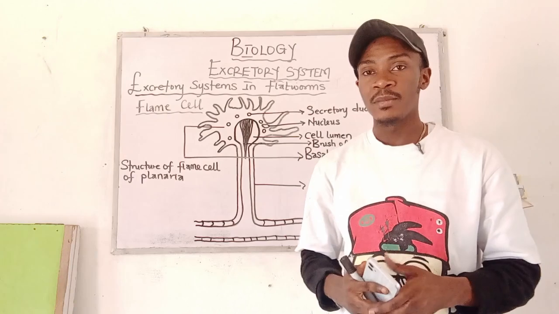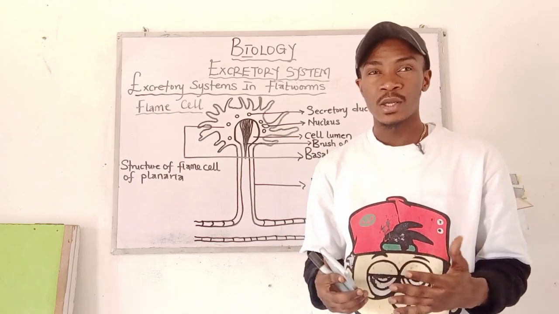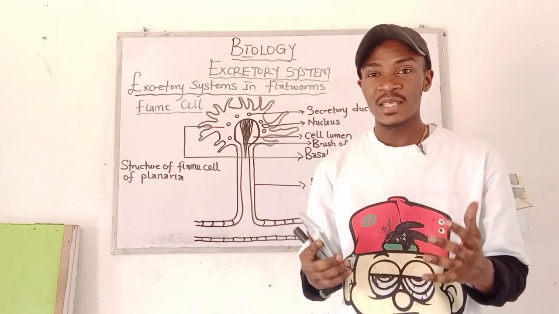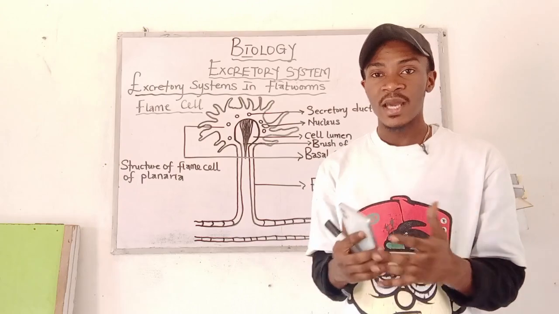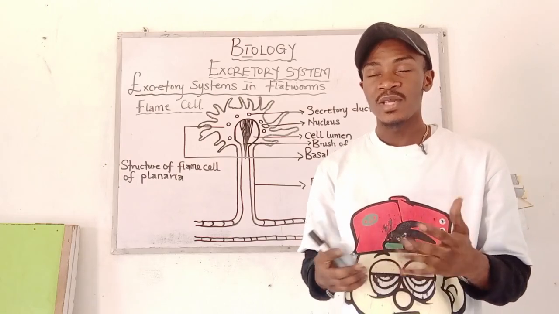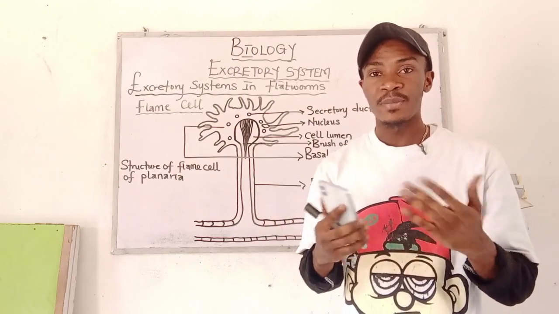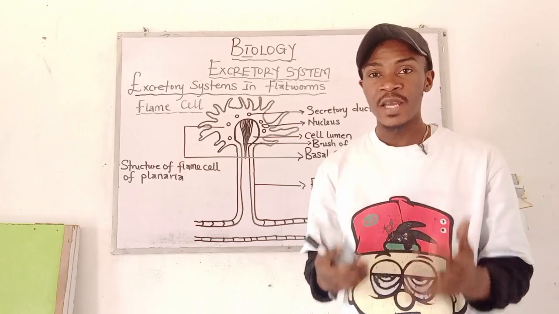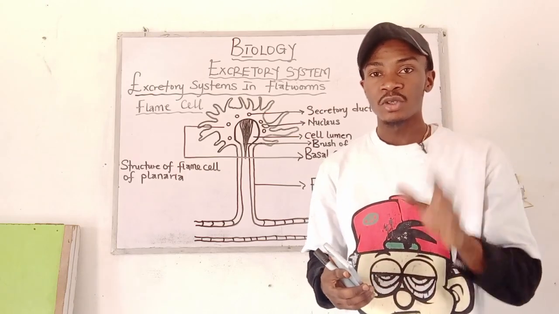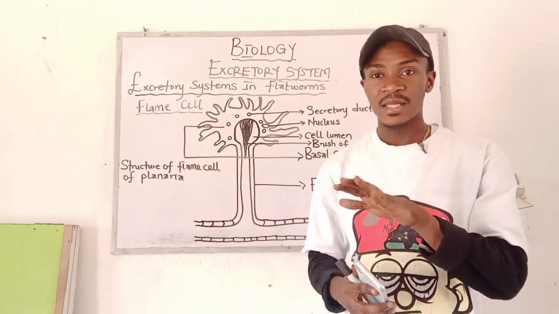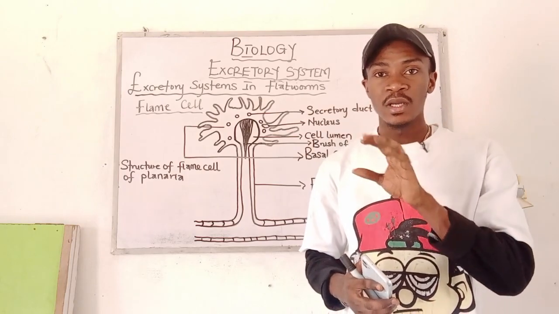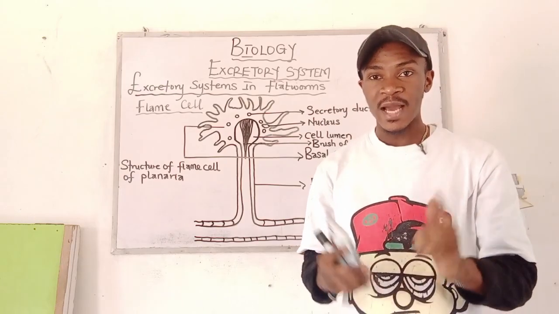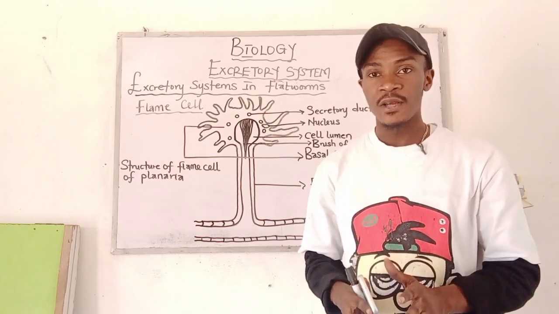Now, the excretory system in flatworms comprises two longitudinal canals comprising a network of ducts that lead to the exterior of the organism. It leads to the other parts of the flatworm, forming a structure called the flame cell. The internal structure of the flame cell consists of an empty space called the cell lumen, and the cell lumen runs downwards, narrowing and then forming the excretory ducts.